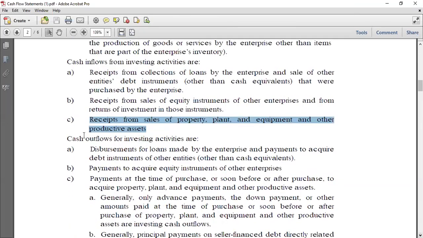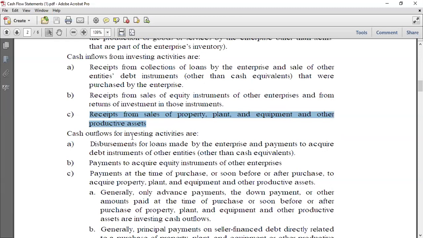So we also have what we call the cash outflows for investing activities, okay? So this could be disbursement of loans made by the enterprise and payments to acquire debt instruments. We could also have payments to acquire equity instruments of other entities.